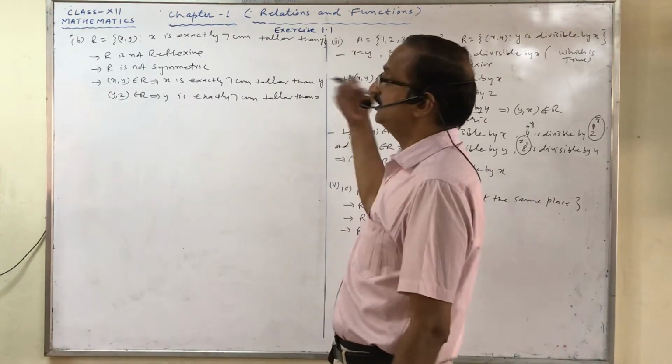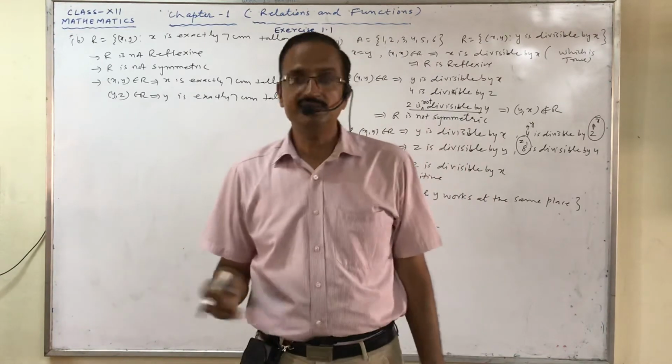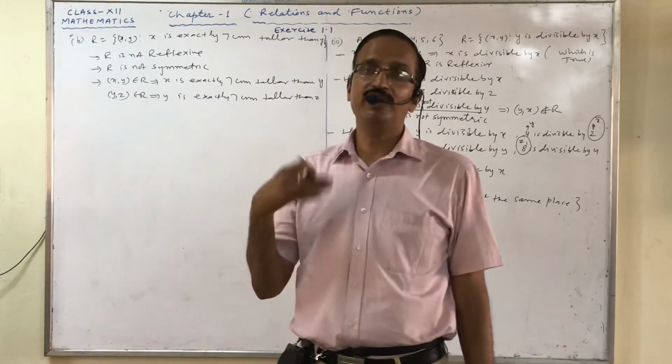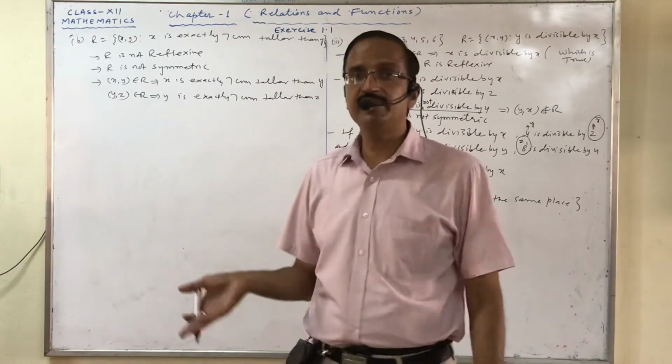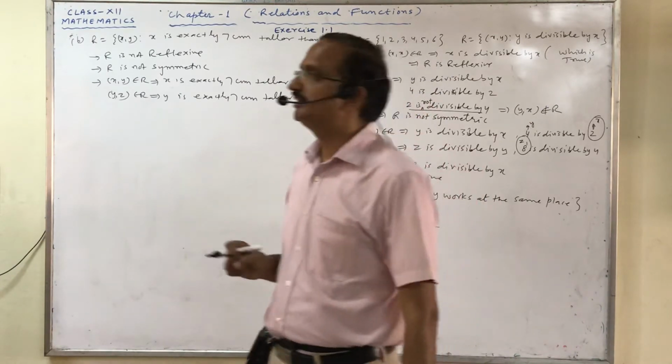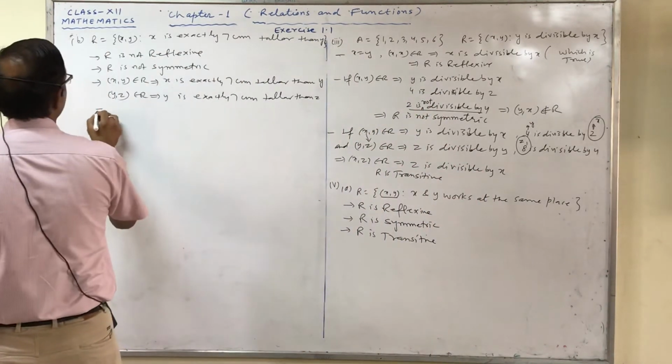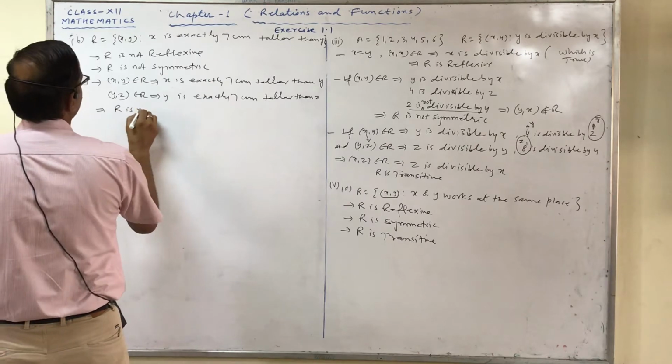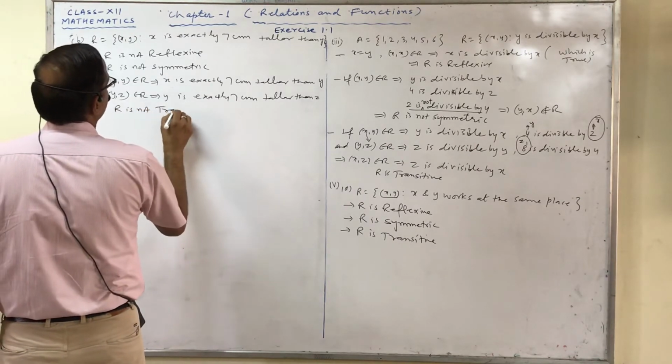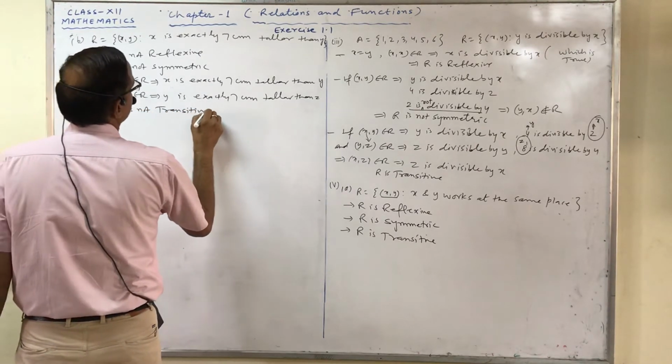Then x is what? 7 plus 7, 14 centimeter taller than z. Not exactly 7 centimeter taller. It means it is not transitive. So we can say that R is not transitive. Okay?